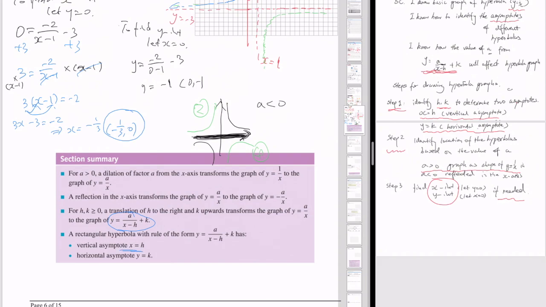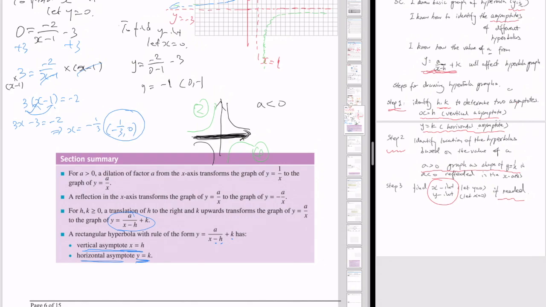So x equal to h will be your vertical asymptote, and y equal to k will be your horizontal asymptote. When you're trying to identify h and k, always make sure you rearrange your equation so that you have a minus in front of the value of h, so that you can determine the correct value of h.